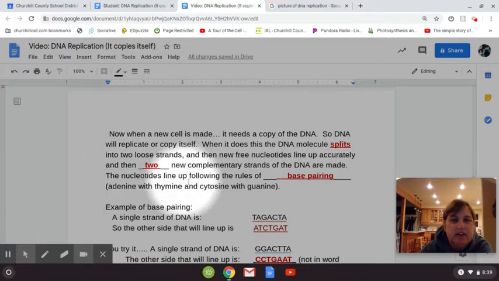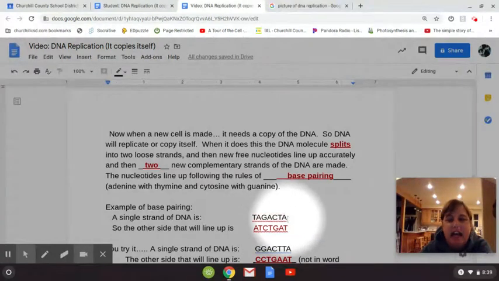Those nucleotides line up following the rules of base pairing. Remember, adenine goes with thymine, and cytosine goes with guanine. So if we look at an example here, we see a single strand of DNA has T, A, G, A, C, T, A. So that's thymine, adenine, guanine, adenine, cytosine, thymine, and adenine.